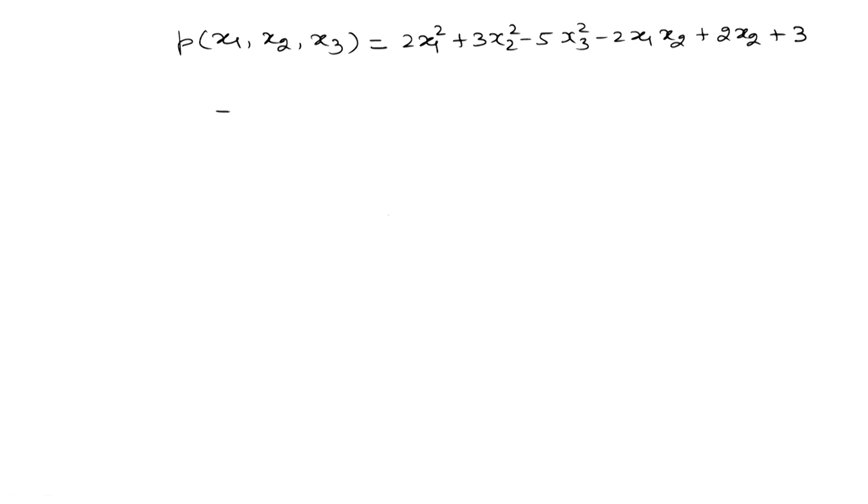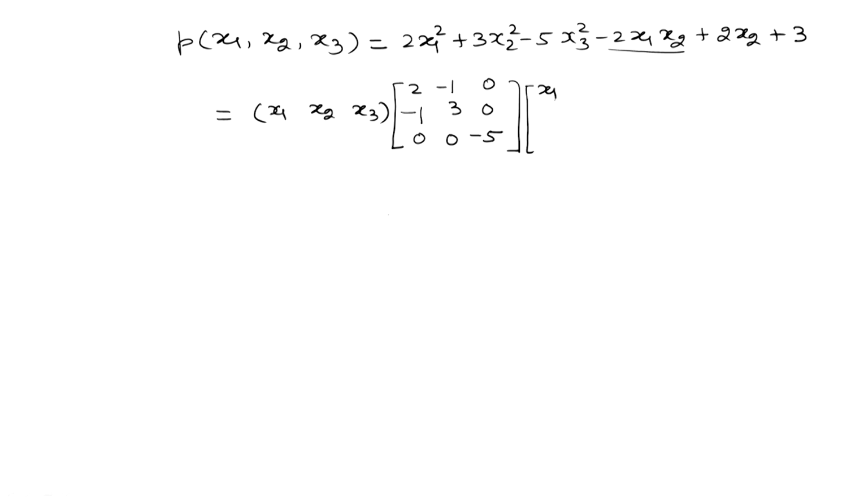Then in matrix form I can write it as x1, x2, x3 multiplied with the symmetric matrix with diagonal 2, 3, minus 5, and then minus 1 because the coefficient of x1x2 is minus 2. The coefficients of x2x3 as well as x1x3 are 0. So, all these entries will be 0, into x1, x2, x3.